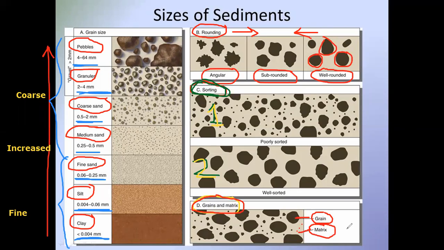So in the grains and matrix, the larger sediments present in the sedimentary rocks are considered grains, and the very small size particles present around that grain are considered matrix. So these are the basic things related to sedimentary rock: grain size, rounding, sorting, and grains and matrix.